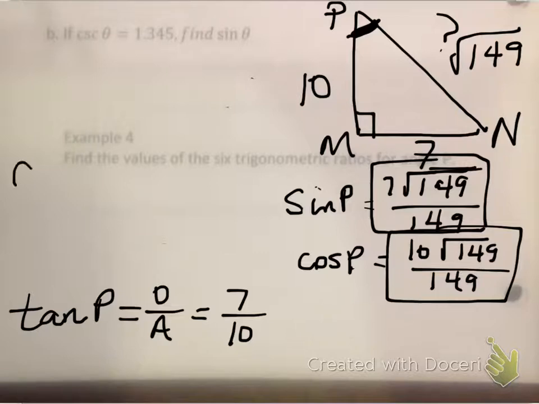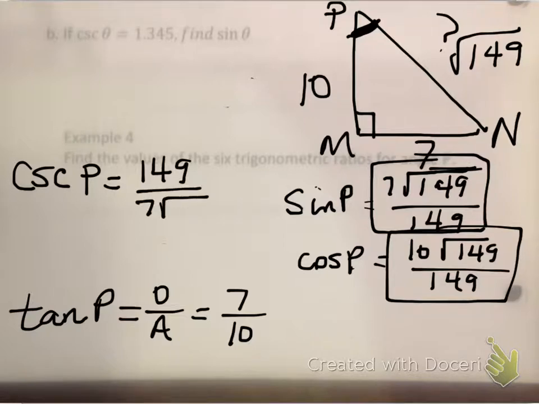is cosecant, and that is the reciprocal of sine. So all I have to do is flip sine. My answer for sine, I just need to flip: rad 149 over 7 rad 149. Now here's my dilemma.